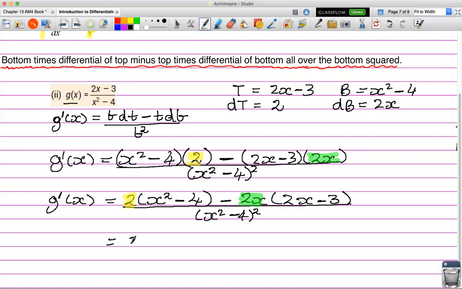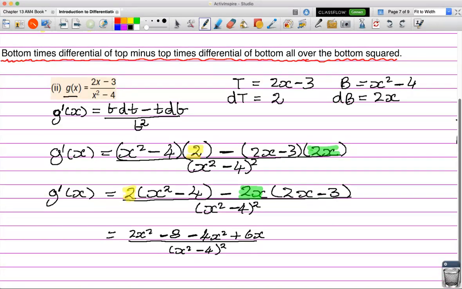So you're going to end up with 2x squared minus 8 minus 4x squared plus 6x all over the bottom to be squared, which generally speaking, we do not, under any circumstances, work out.